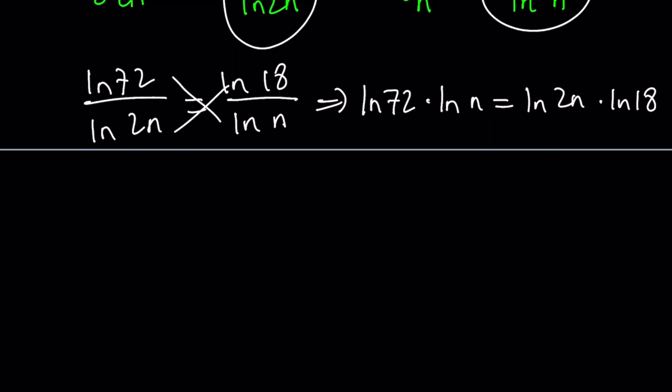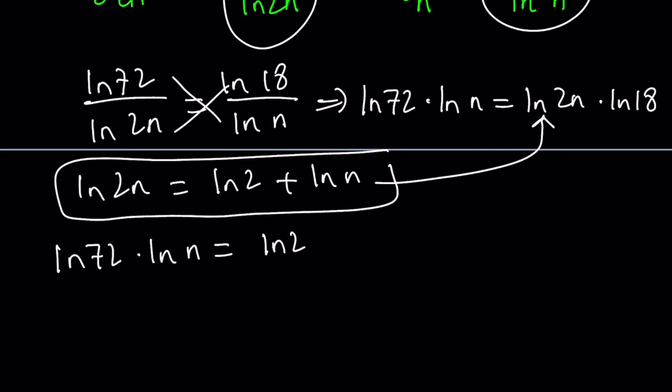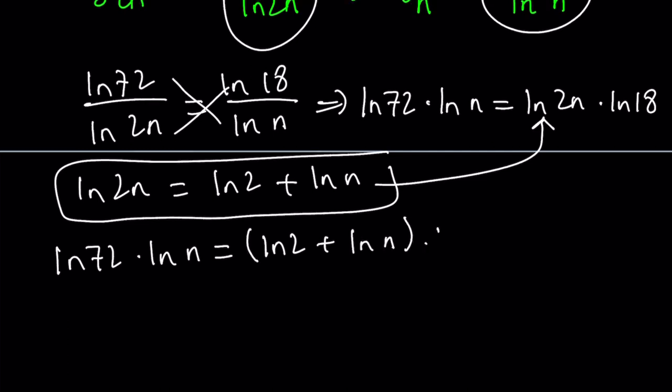For example, ln 2n can be written as ln 2 plus ln n using the product property. And we can substitute that here. ln 72 multiplied by ln n equals ln 2 plus ln n, which replaces ln 2n, and that is going to be multiplied by ln 18.